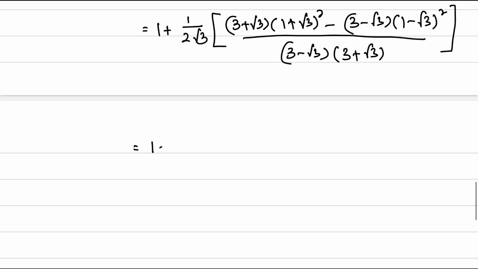That is equal to 1 plus 1 by 2 root 3 into 1 by 6 into the numerator.